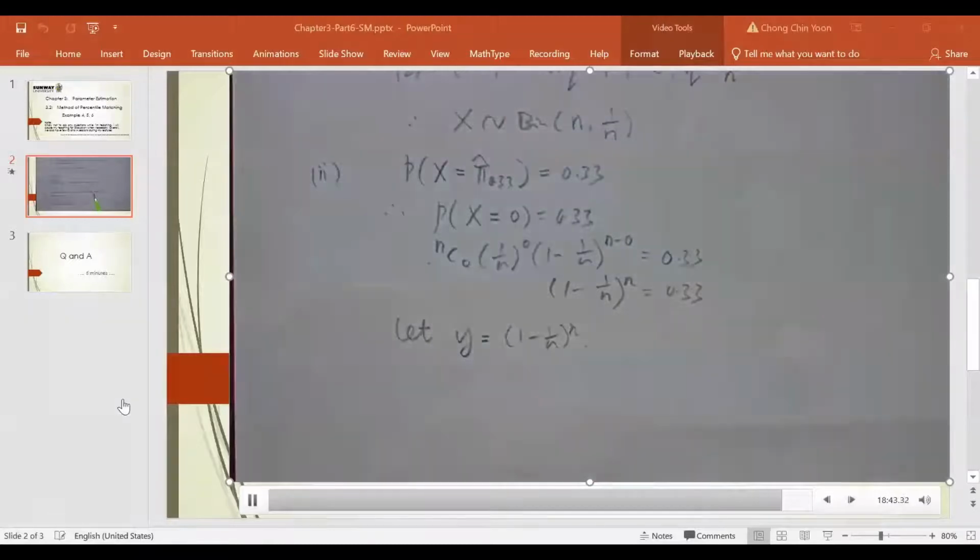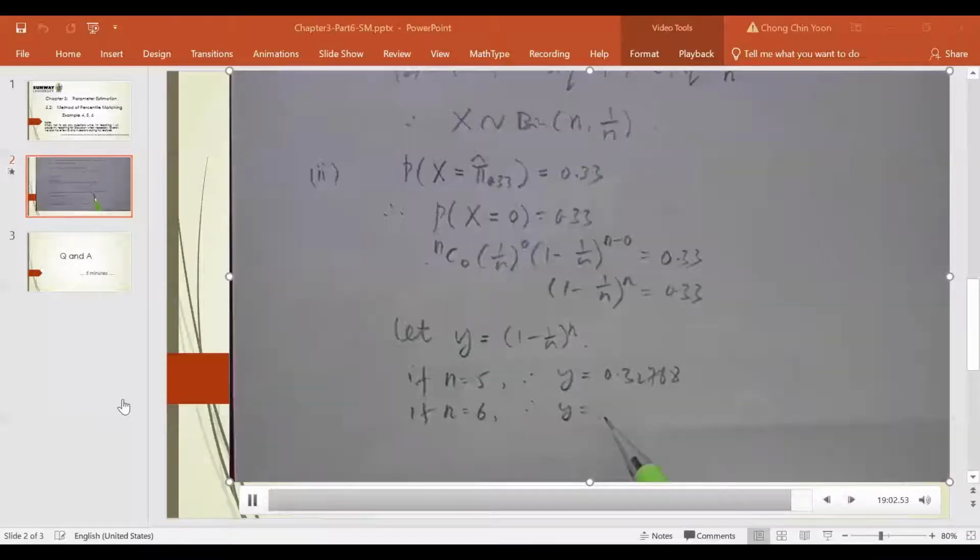By trial and error, we found that if n is 5, then y equals 0.32768. Now if n is 6, then the y value equals 0.3349. So y is greater than 0.33 for n at least 6.